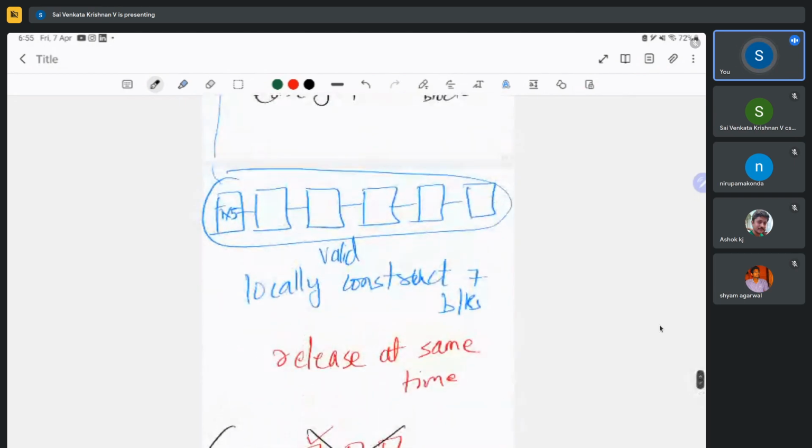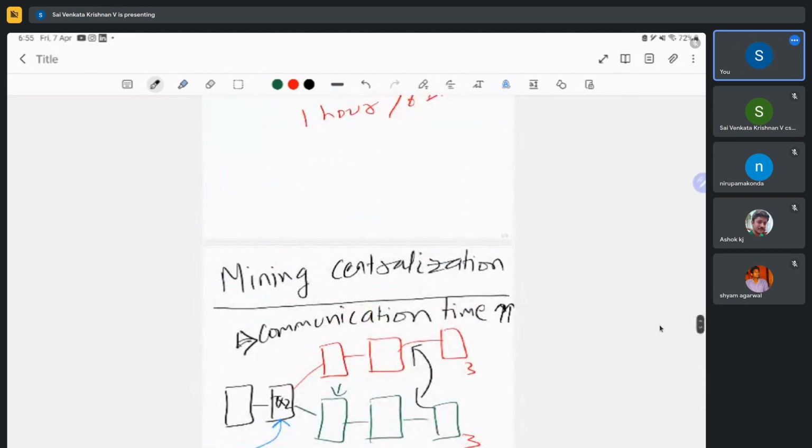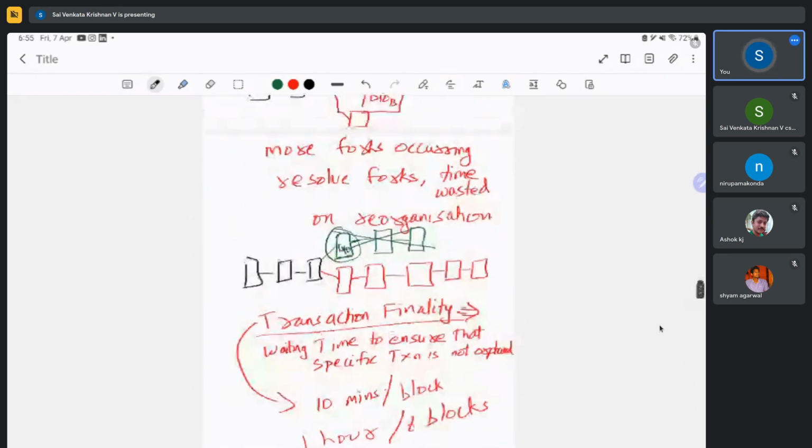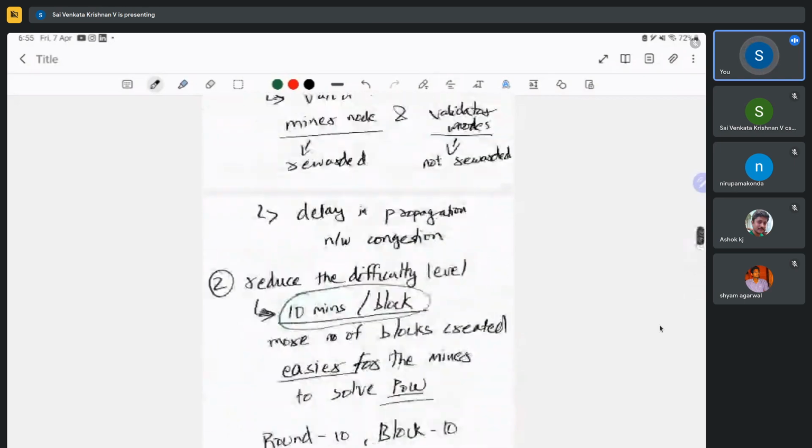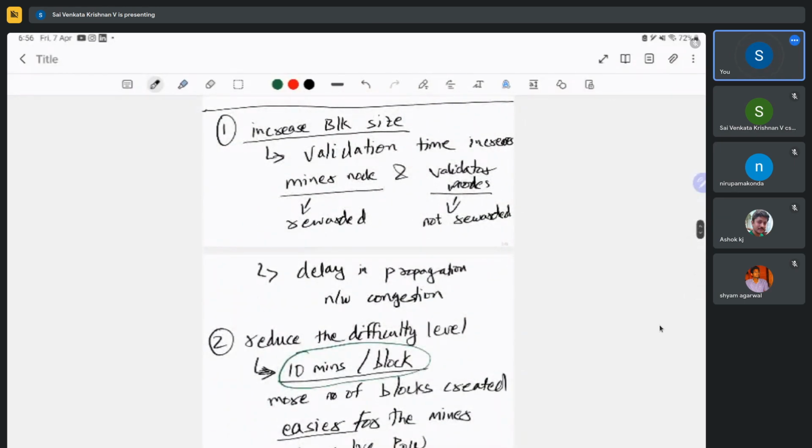So that is the problem with mining centralization, and it becomes a lot easier when we reduce the difficulty level in order to achieve a higher transaction throughput per second, right?